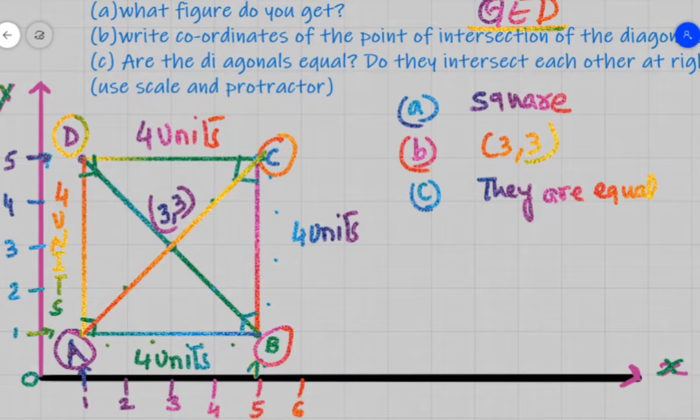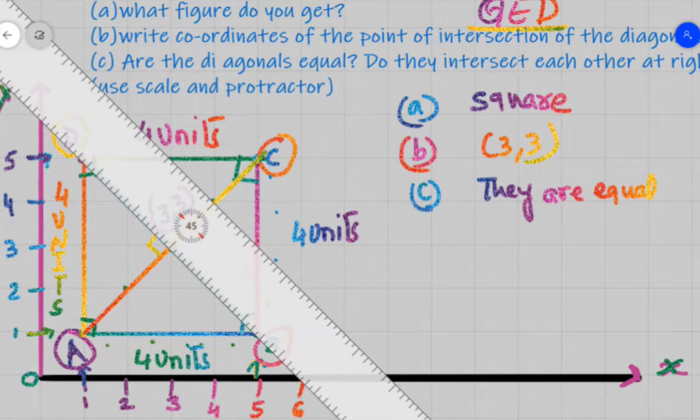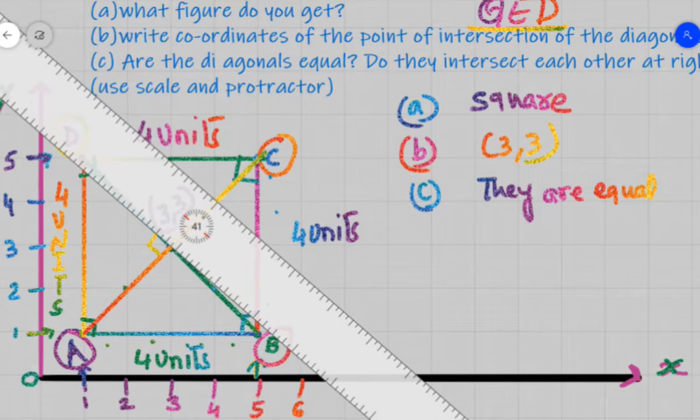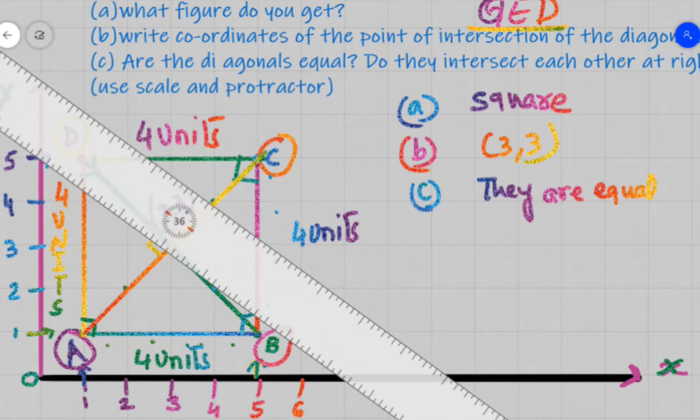Do they intersect each other at right angles? You have to see whether this angle is a right angle or not. How will you see? You have to use a protractor. Now see, if I am keeping it here, this is showing 45 degrees. Let me make this angle.